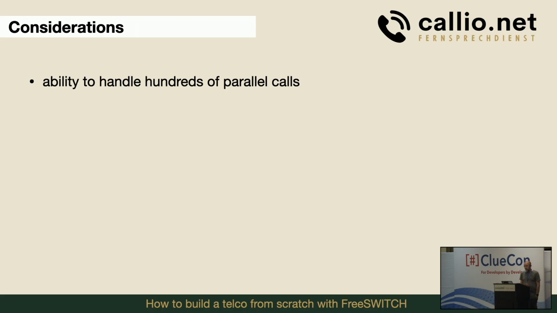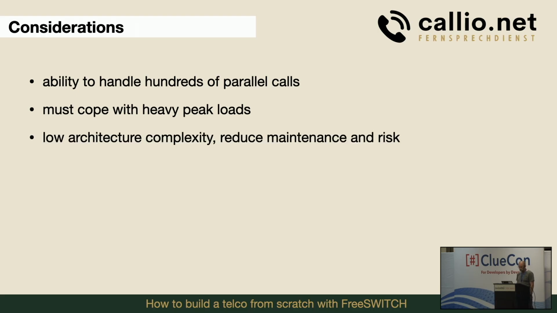When I planned the system, I had to consider the following topics. The platform should be able to handle hundreds of parallel calls. It should be aware of heavy peak loads, and that was the main topic.